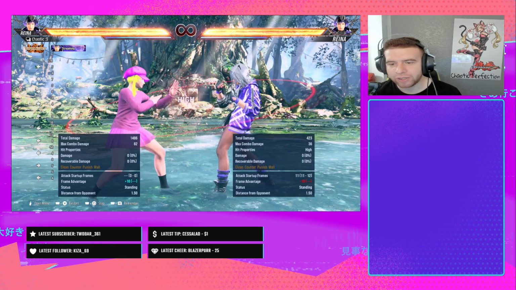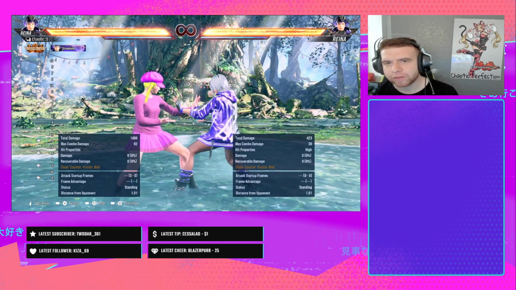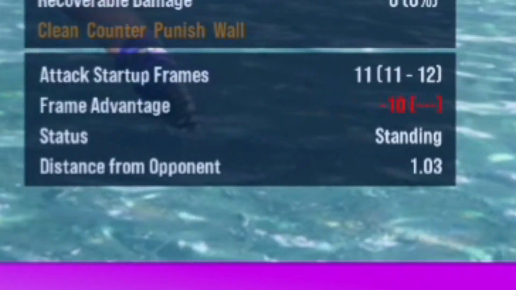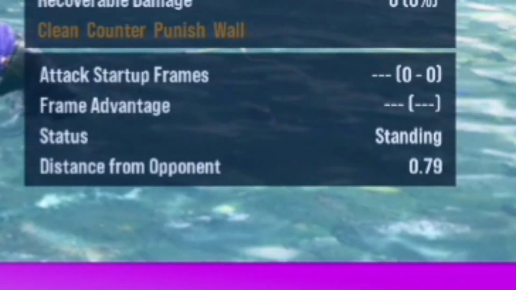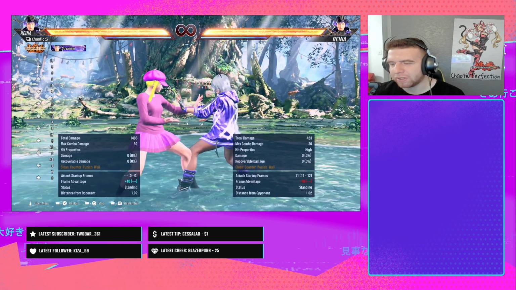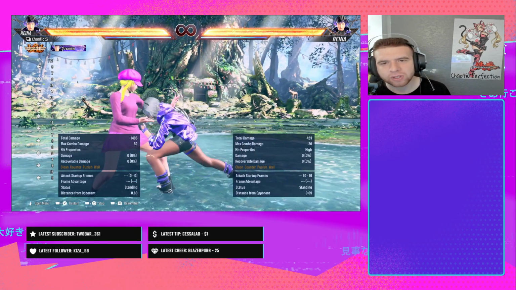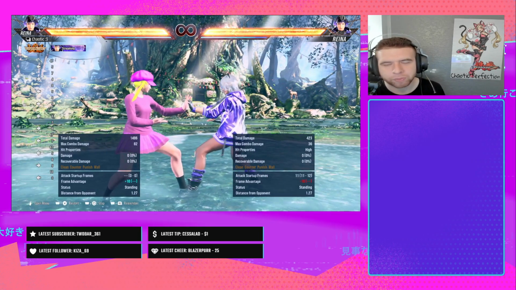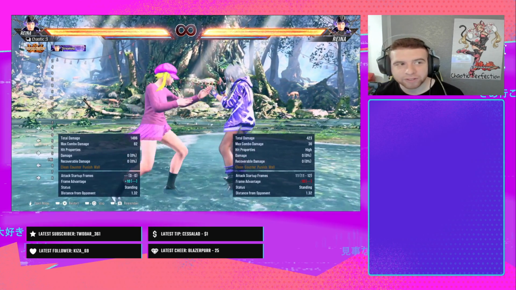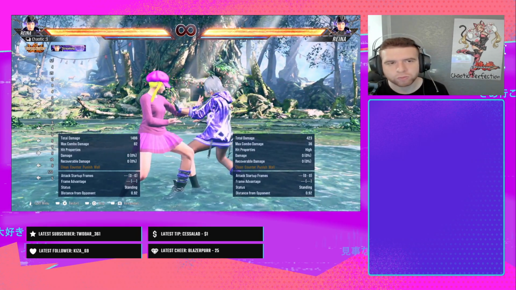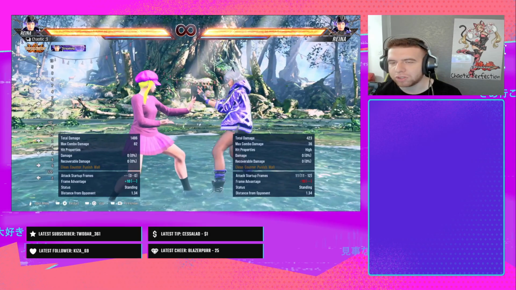In the bottom right corner, this move is minus 10. It says frame advantage minus 10 for them. That means they have 10 frames that they need to recover from this move, and we have 10 frames of advantage that we can take advantage of. So we can use our jab punish.